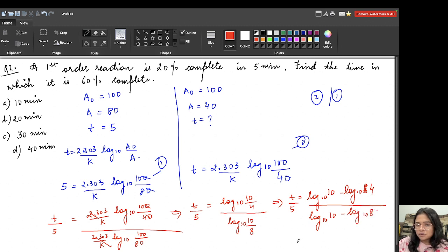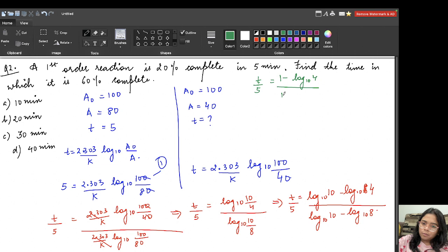Log base 10 of 10 is 1, right? So 1 minus log 4 divided by 1 minus log 8. I can write 8 as 2 cube, and 4 as 2 square.